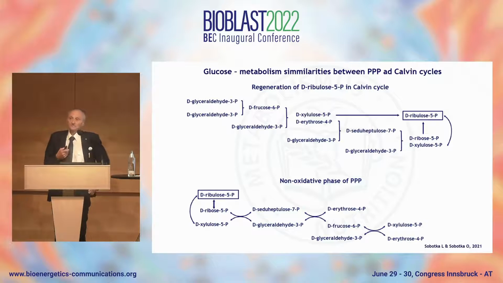And we have the pentose phosphate cycle, and the non-oxidative part of the pentose cycle is the reverse of the Calvin cycle. So the Calvin cycle utilizes hydrogen, while the pentose cycle produces hydrogen, or produces NADPH.